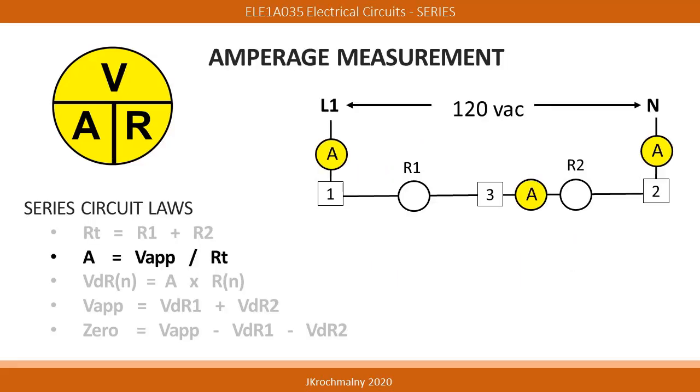In referencing the second law of series electrical circuits, to measure amperage, the series electrical circuit is broken and the multimeter is placed in series with the loads. It is important to remember that whatever amperage is measured in one area of the circuit, it is going to be the same value as in other areas of the circuit.